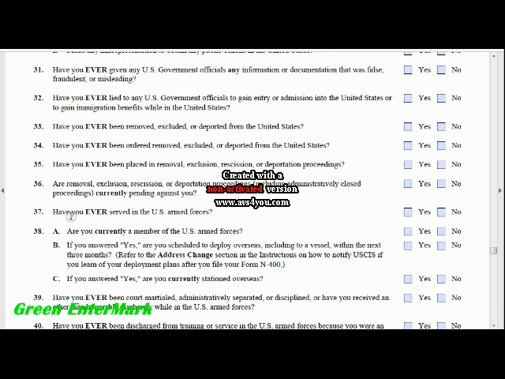So 37, have you ever served in the U.S. Armed Forces? If you are a member of the Armed Forces, you say yes. And 38 is, are you currently a member of the U.S. Armed Forces? If yes, then you answer, are you scheduled to deploy overseas, including to a vessel, within the next 3 months? Refer to the address change section in the instructions on how to notify USCIS if you learn about the deployment plans after you file your Form N-400.